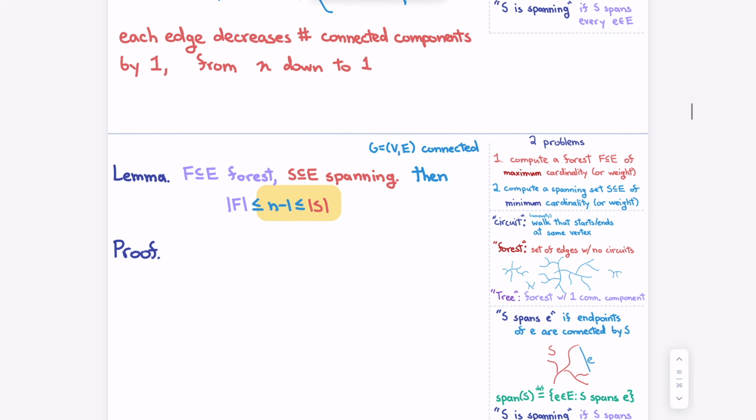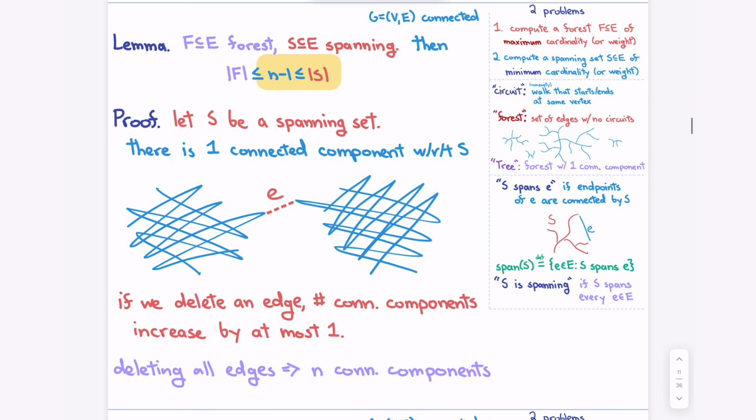The other statement was that any spanning set of edges must have at least n minus one edges. We need another similar counting argument. Once you set it up, it follows in a straightforward fashion.